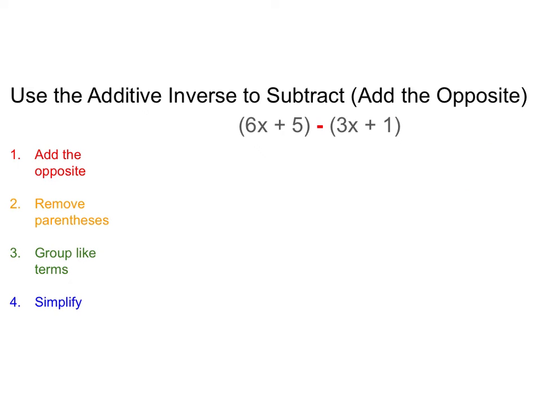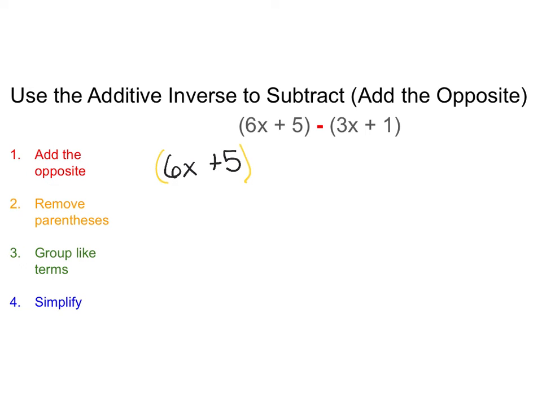Okay, so we're going to use the additive inverse to subtract. Okay, so I see that I have 6x plus 5, and then I'm taking away everything, 3x plus 1. So I'm going to add the opposite. Okay, so I have 6x plus 5. And then I'm going to add the opposite.